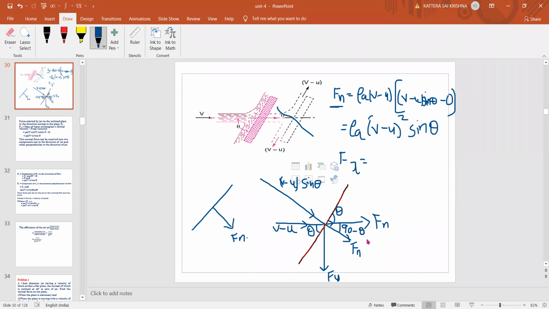So this is 90 minus theta between Fn and Fy. If you want to find the angle between these two, what do we need to do? First, we need to take 90 degrees between Fx and Fy. Between Fx and Fy, it is always 90 degrees. So if this is 90 degrees and this is 90 minus theta, what is the angle between these two?